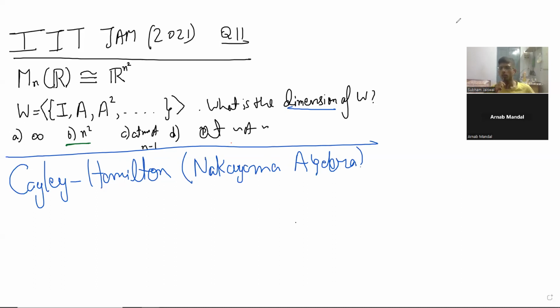So what does the Cayley-Hamilton theorem say? The Cayley-Hamilton theorem is usually stated in some way, but you have to interpret it as a fact about dimension. It doesn't directly say that, but that's a useless statement, I say.